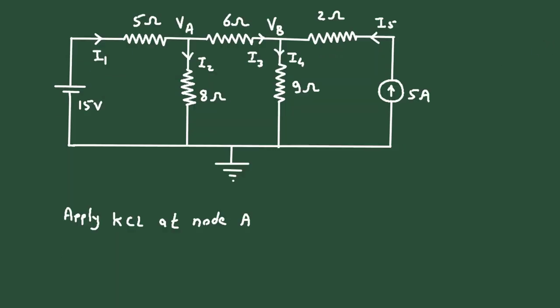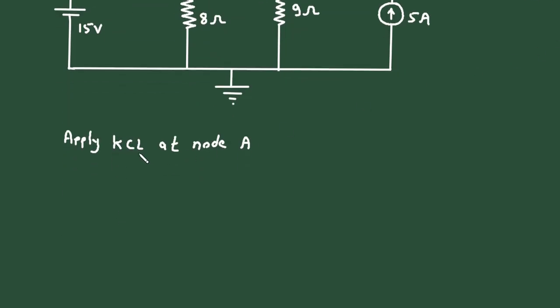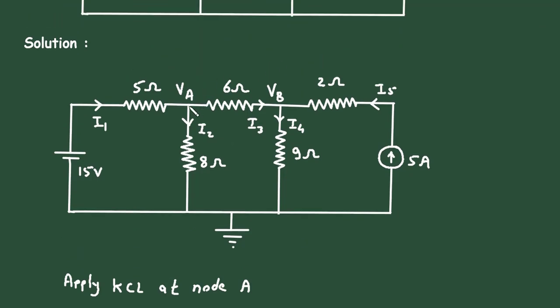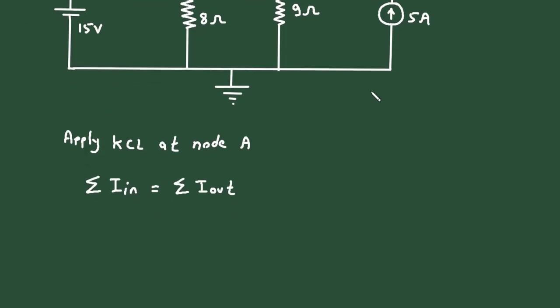According to KCL, Kirchhoff's current law, the summation of all the currents entering a node is equal to the summation of all the currents leaving the node. Here at this node, only I1 is the entering current, and I2 and I3 are the leaving currents. So we can write I1 is equal to I2 plus I3.